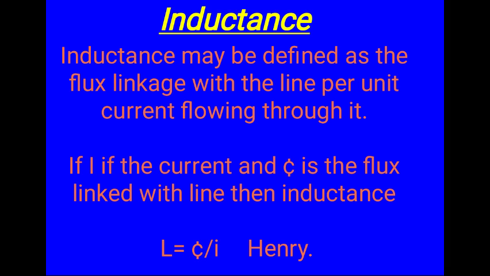It is given as L is equal to phi upon I. It means if I is the current and phi is the flux linked with the line, then the inductance of the line is given as L is equal to phi upon I. The unit of inductance is Henry.